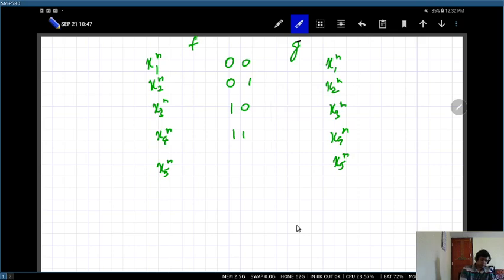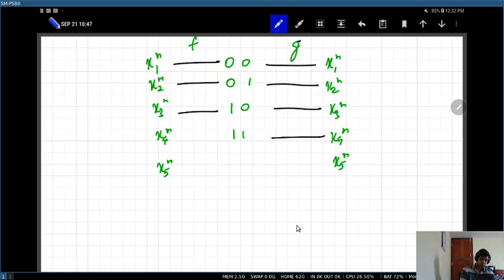Right. So the second point is that suppose that g maps 00 to x1, 01 to x2, 10 to x3, and 11 to x4. So suppose that someone gives you the decoder, right? Then a sensible encoder should always do the following. It should always map x1 to 00, x2 to 01, x3 to 10, and x4 to 11. And it can map x5 to anything.